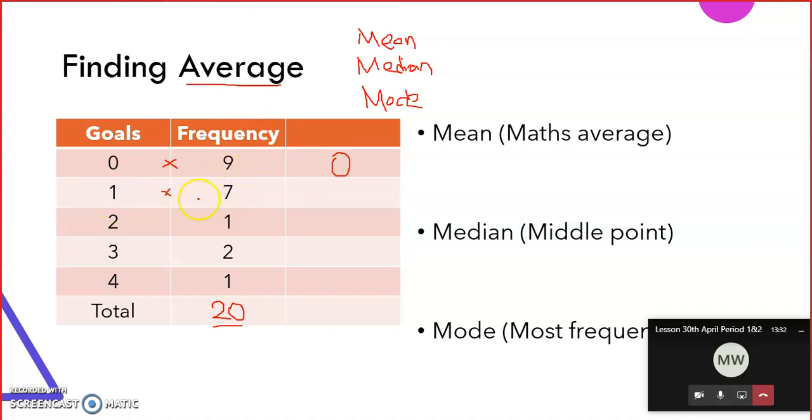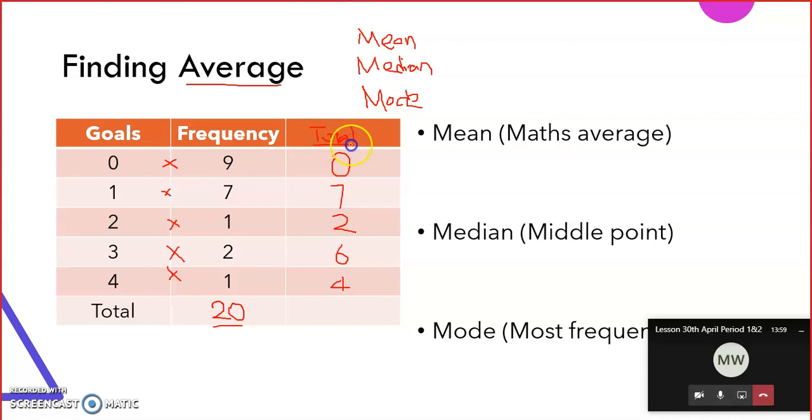In these 7 matches, he got 1 goal each, so in total 7 goals. Same here, just multiply these numbers. 2 times 1 is 2, 3 times 2 is 6, 4 times 1 is 4.